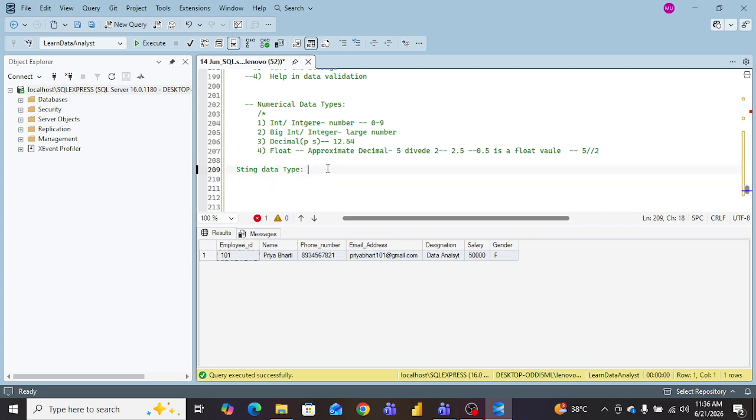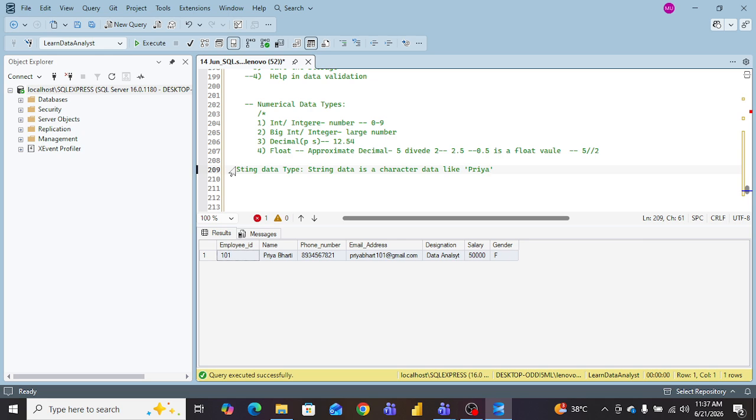String data is a character data, like Priya.